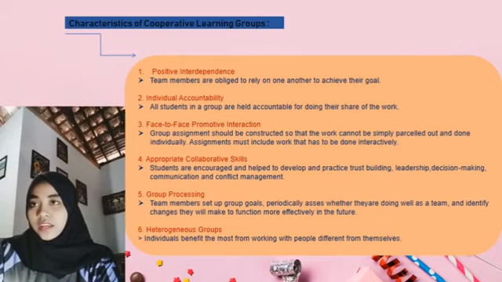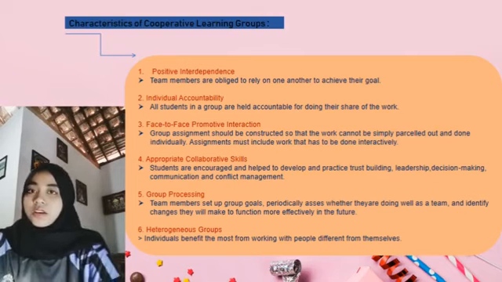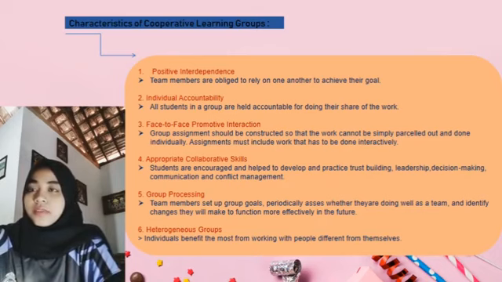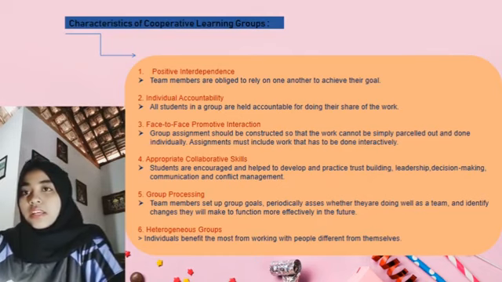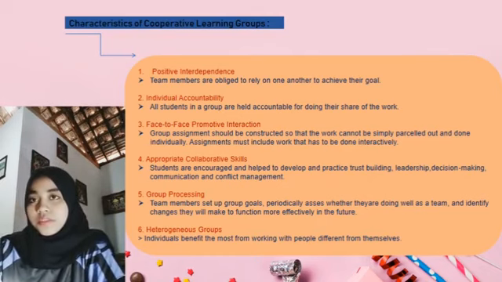And then, the characteristics of cooperative learning groups. Cooperative learning is a method of promoting learning through student cooperation rather than competition. It is a method of effectively using student groups in the classroom.